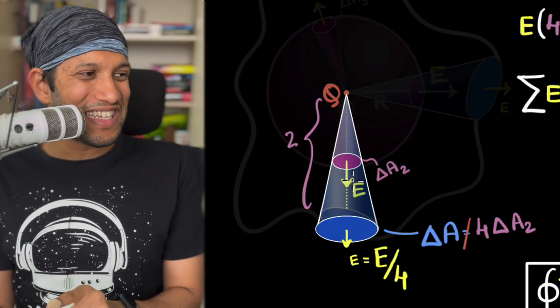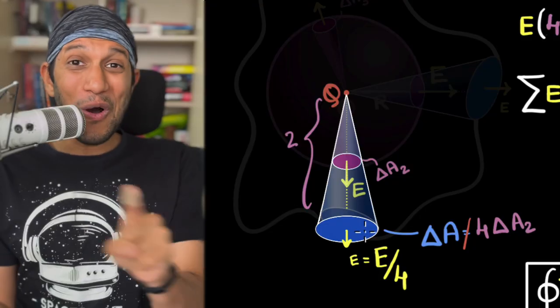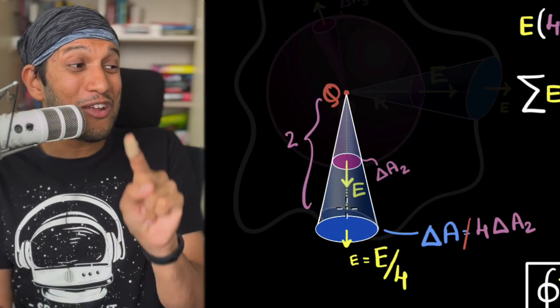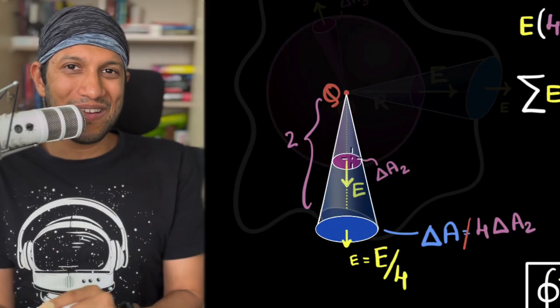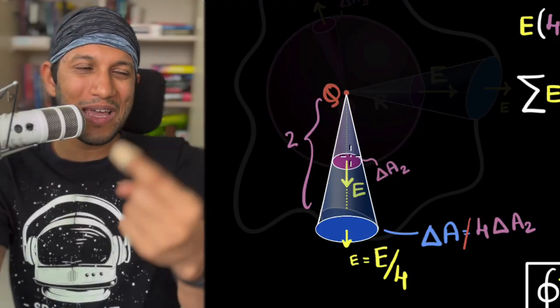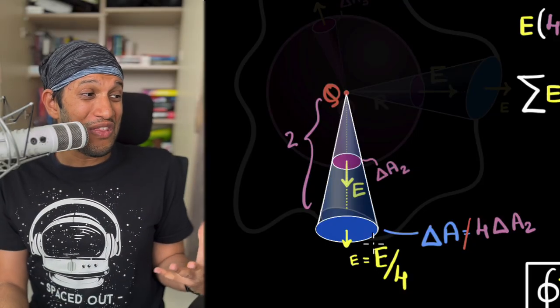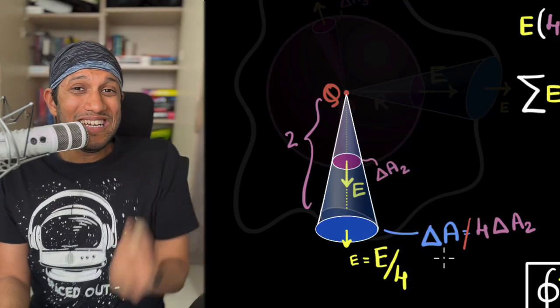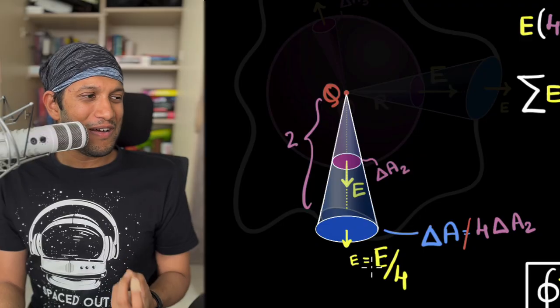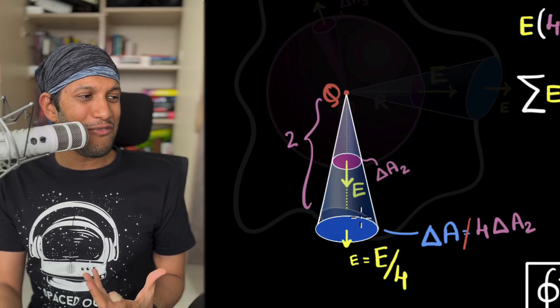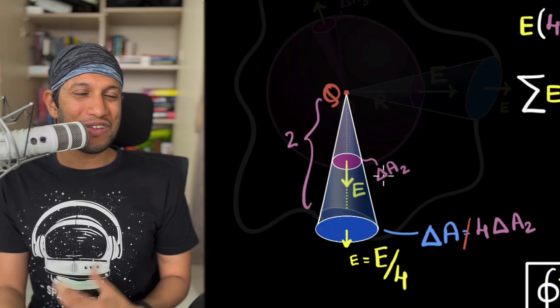In other words, the area over here will be 4 times as much as this area, because area goes as the square of diameter. Which means if you consider this piece, then indeed it works out. The product of E and delta A will be exactly the same as the product of E and delta A.